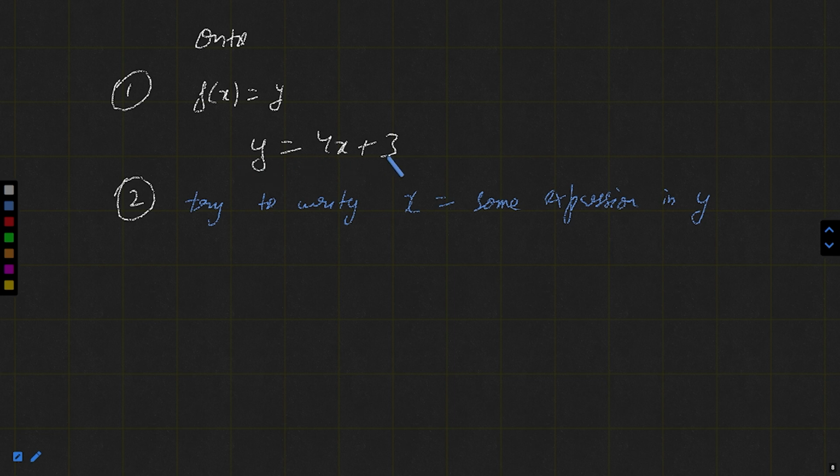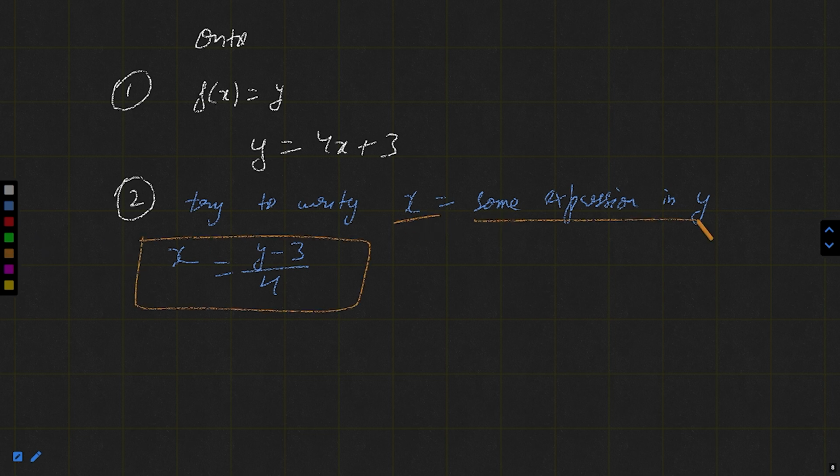So doing some rearrangement, what you will get is (y minus 3) by 4 is equals to x. So this is my equation of this type, x is equals to some expression in y. I hope that it is clear to you.